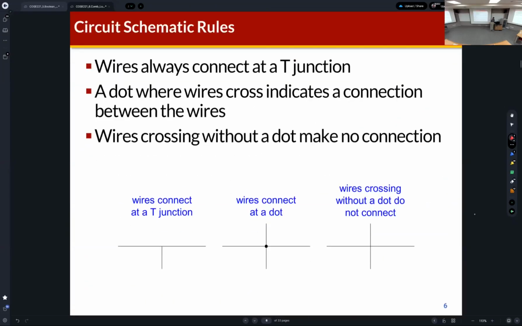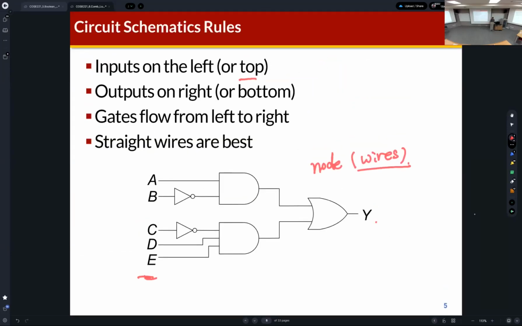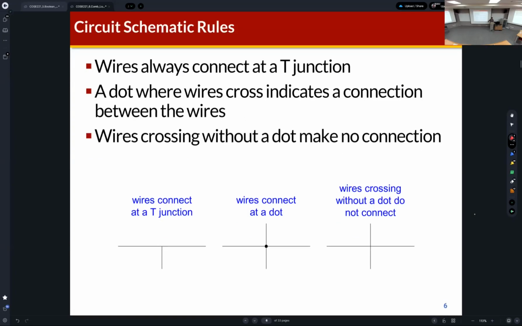And then how can we represent junctions and connections? This is a very simple schematic, but if we draw more complex schematics, then we need to use many wires, which means that the wires can cross like this, and so on. The wire can make a T junction. So it's also a very important rule.